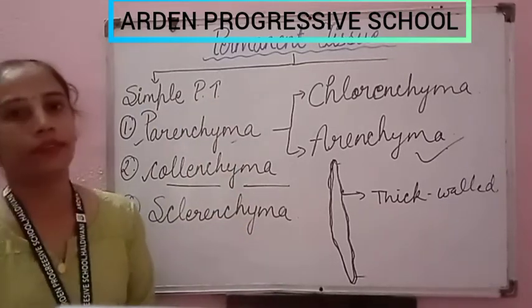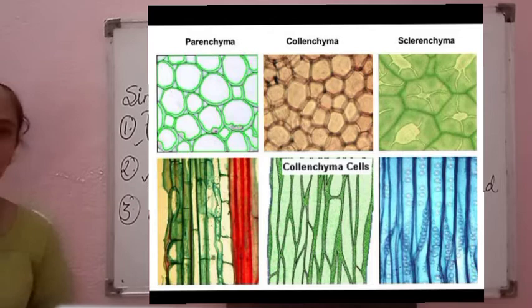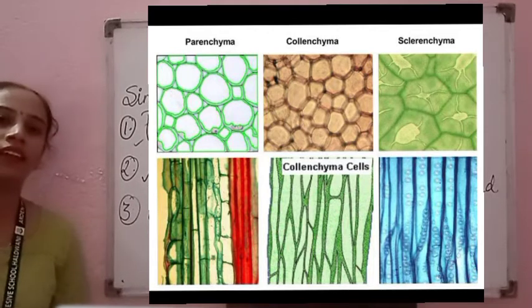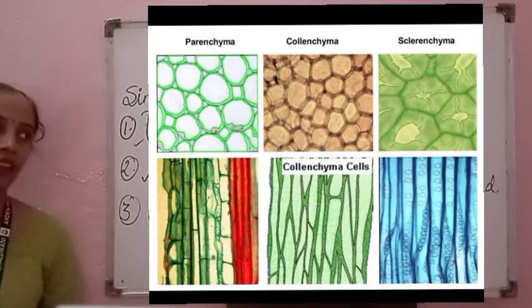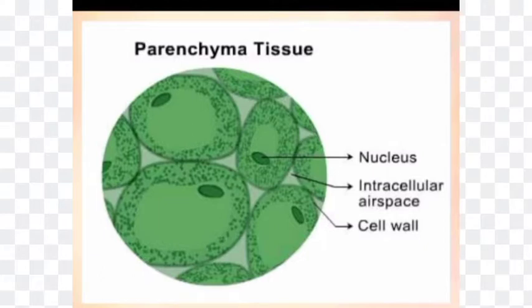Now here you can see in this figure there are different types of tissues: parenchyma, collenchyma and sclerenchyma. These are the diagrams of the tissues. Now this is a figure of parenchymatous tissue.